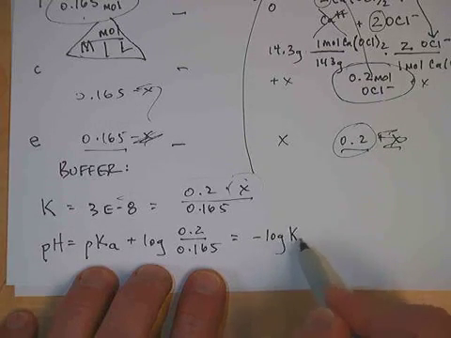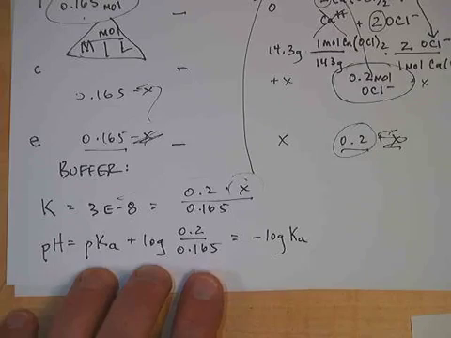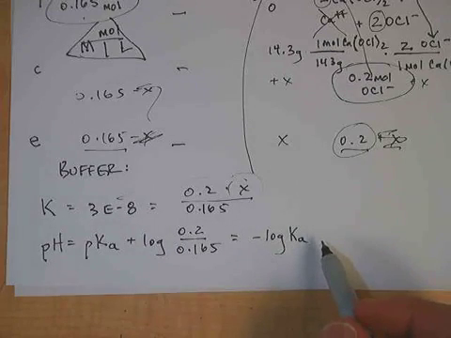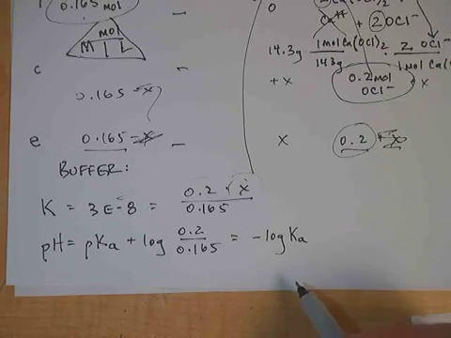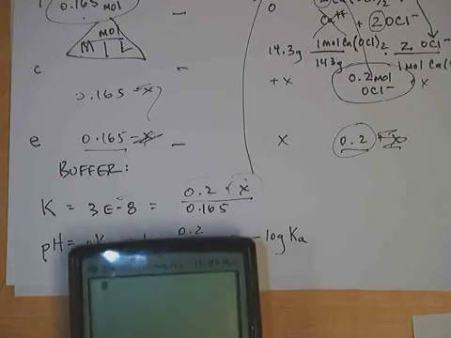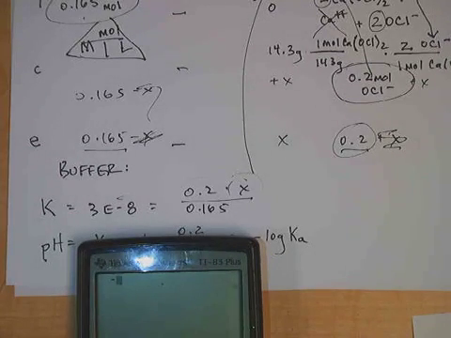You'll notice it ends up being a similar equation to what we have up above here, except I have to find what's called the pKa, and remember the pKa is just the negative log of the Ka, and the negative log of the 3 times 10 to the negative 8th ends up being, I think I have to do that on my calculator here really quick just to make sure of it.